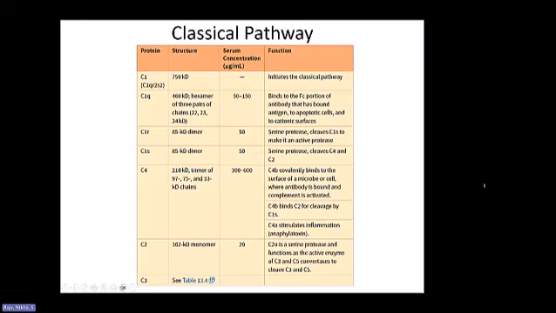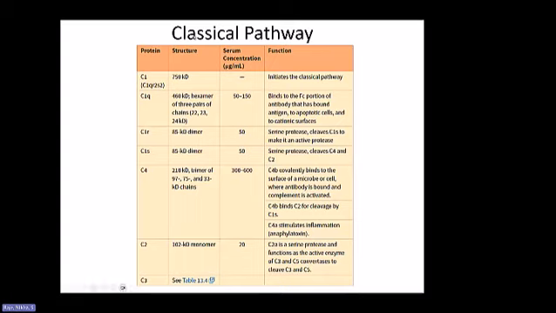All right, now let's move on to talk about the classical pathway, how that gets activated. The proteins of the classical pathway are C1, C1q, C1r, C1s, C4, C2, and C3. C2 has the serine protease activity that is important for making that convertase.